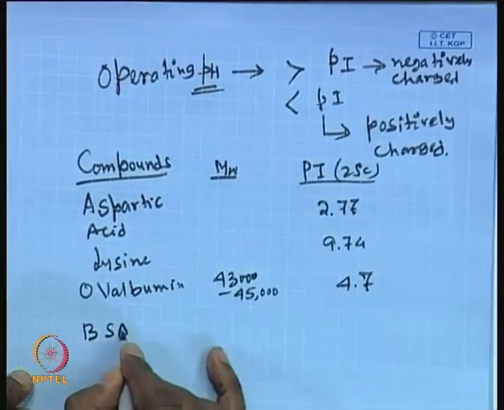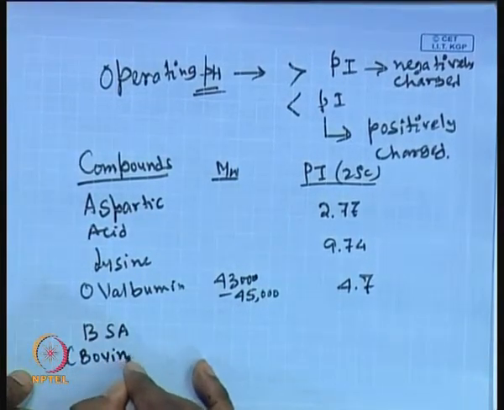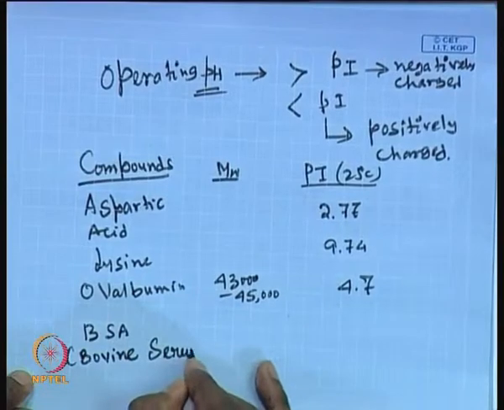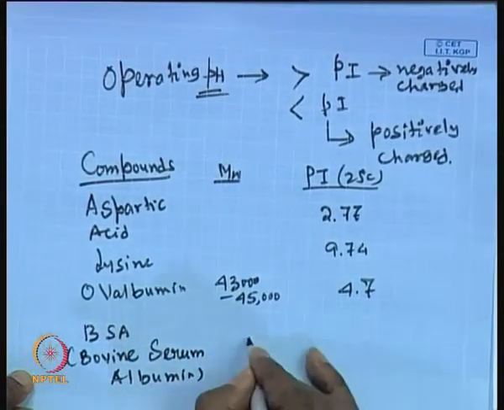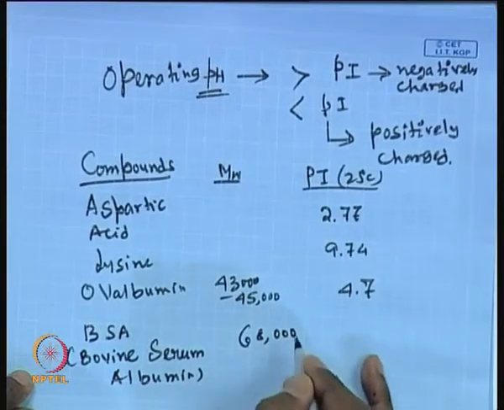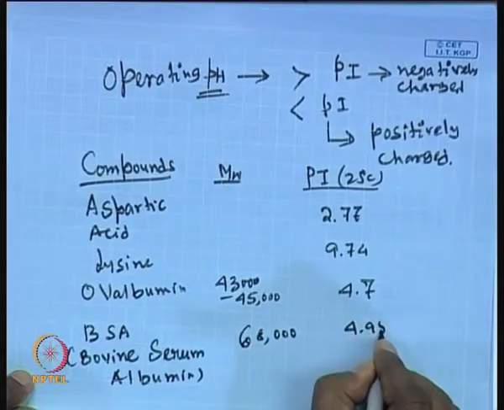BSA, bovine serum albumin, has a molecular weight of around 68,000 and an isoelectric point of about 4.95.